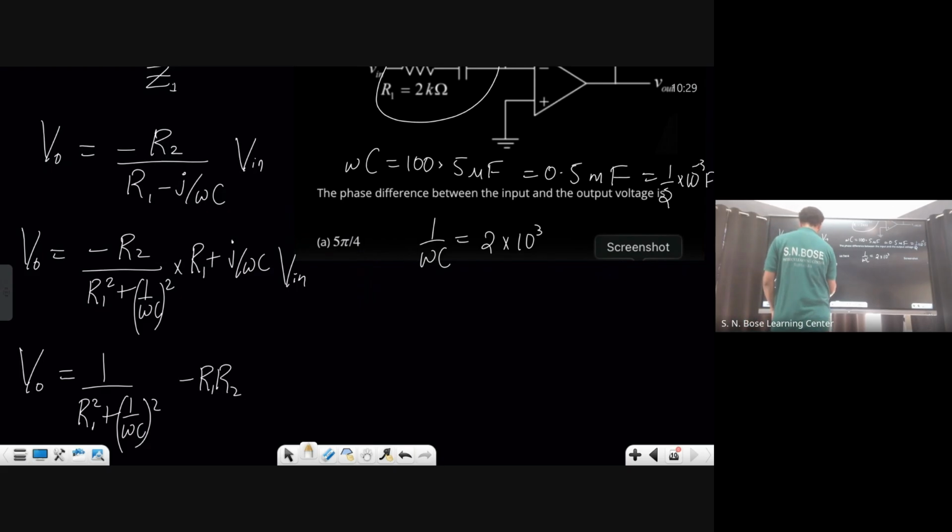Now this positive real quantity, R1 squared plus 1 by omega C the whole squared, doesn't matter. So what is this one? Minus R1 R2 minus j R2 by omega C, into V in.